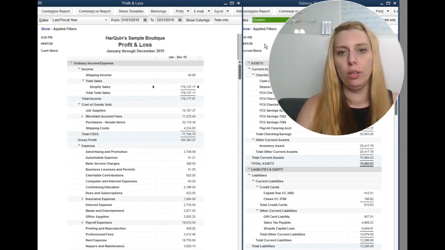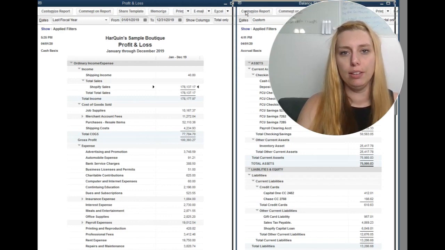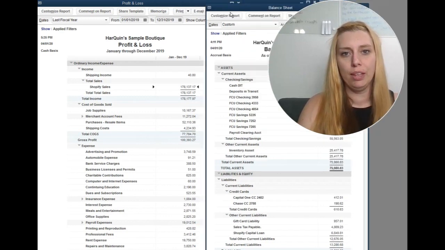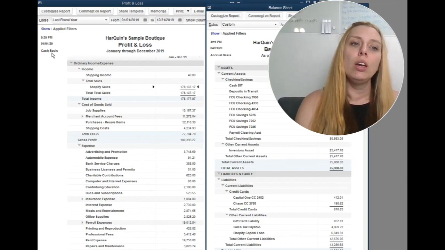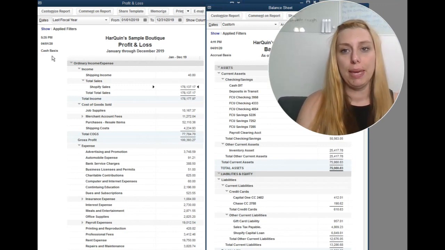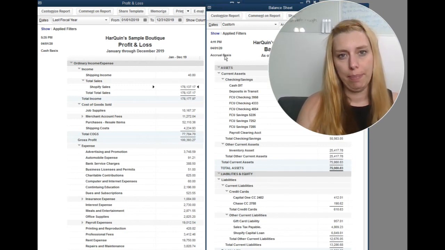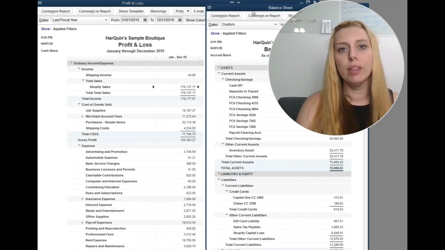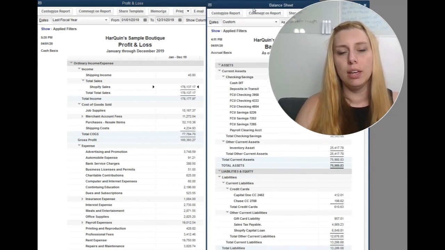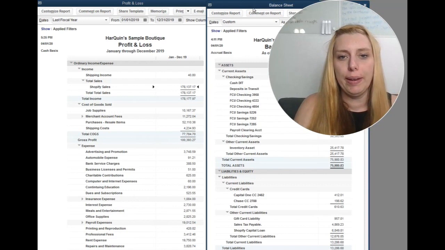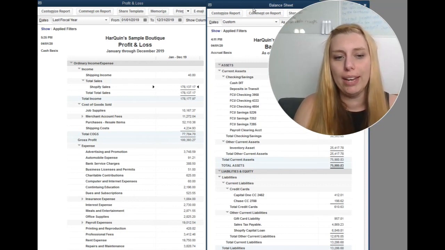One thing I wanted to bring up now that I have this example: you'll see the word cash basis on my P&L, and then on my balance sheet you'll see accrual basis. So that is two ways of showing data. I'll explain the differences and then why it doesn't matter in my example right now.